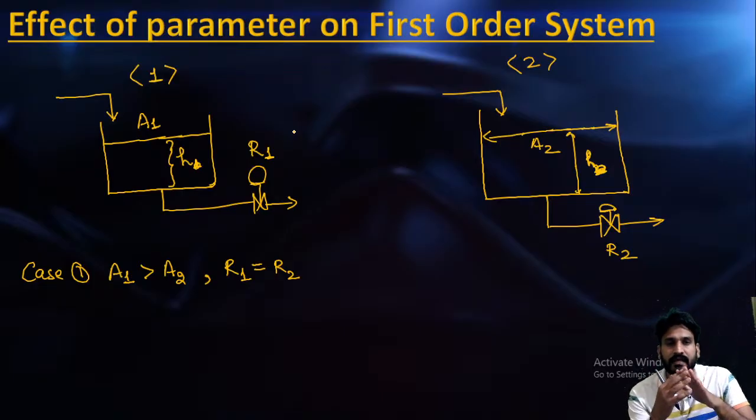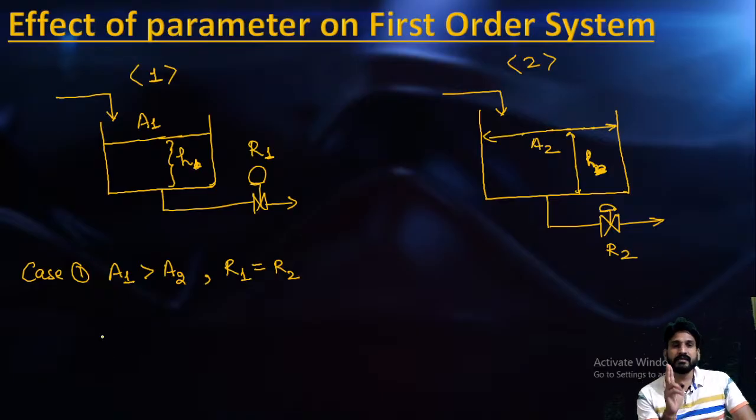Fastness means which system gets its desired value first. What is the meaning of fastness? If I say that system 1 is fast as compared to the second one, it means system 1 gets its steady state value faster as compared to tank 2. Fast means that it gets its steady state value in less time as compared to tank 2.